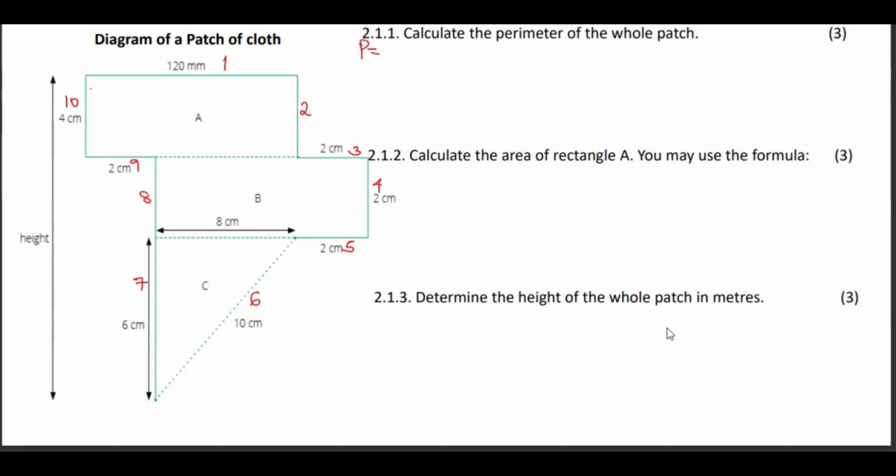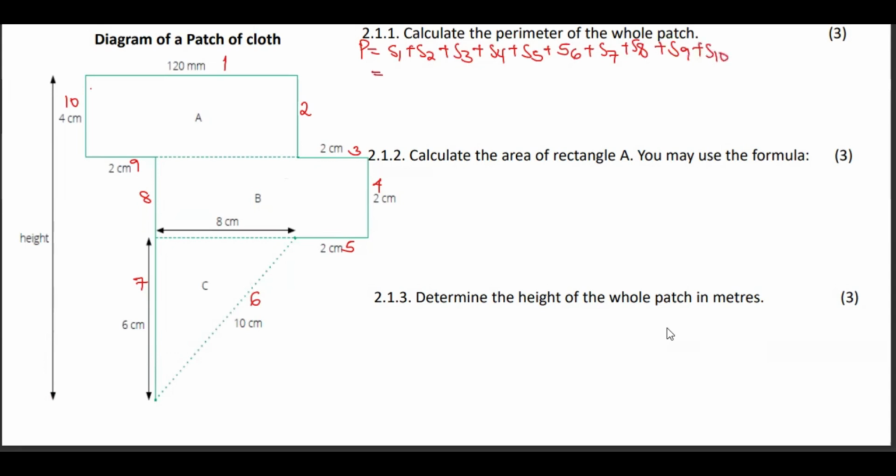So the perimeter will equal side 1 plus side 2 plus side 3 plus side 4, side 5, side 6, side 7, side 8, side 9 plus side 10.